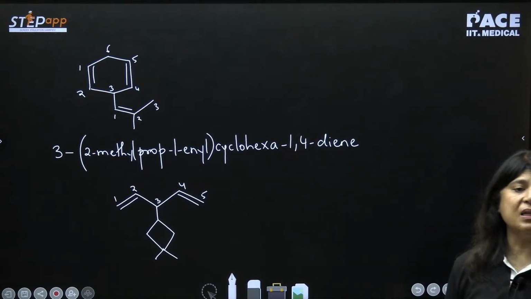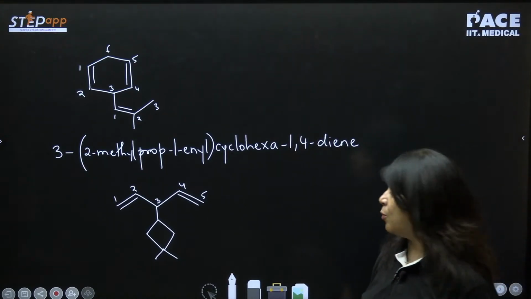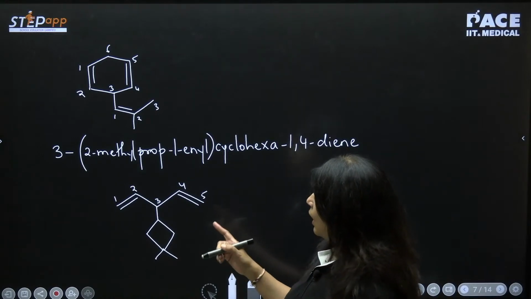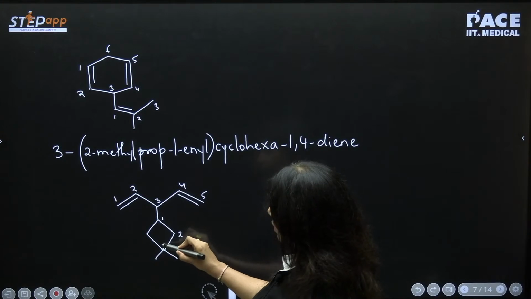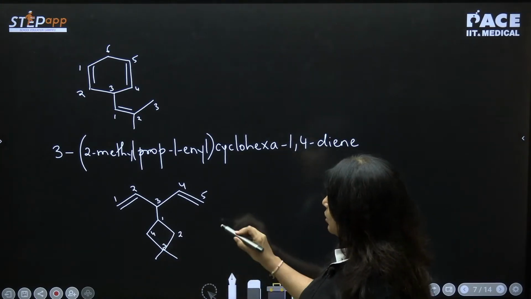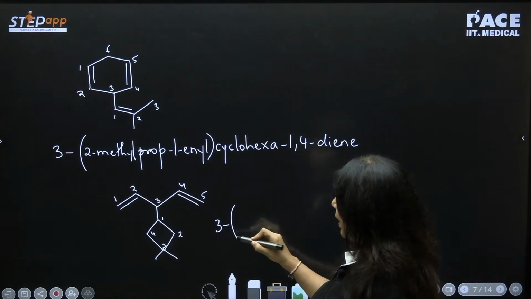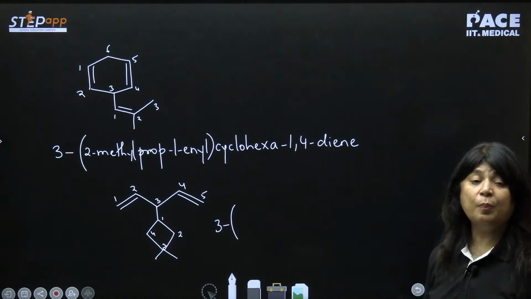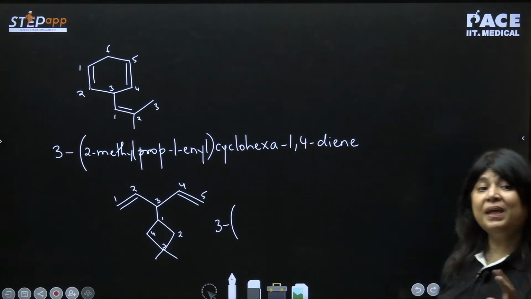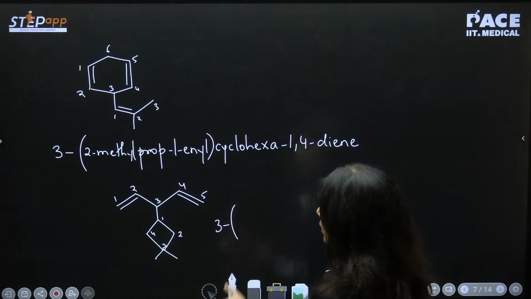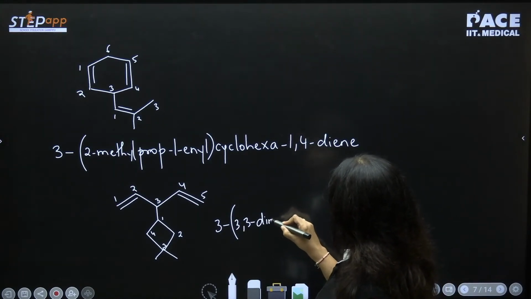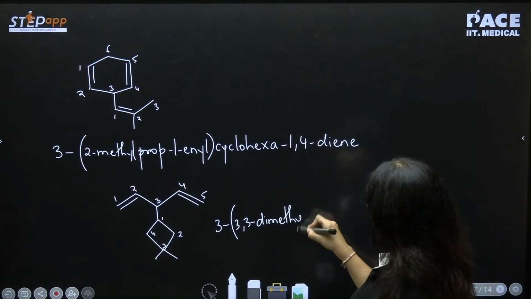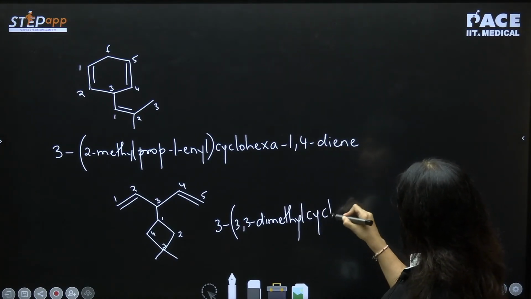Positioning of the double bond as well as of the substituent is the same from either side. Now the substituent, this is the first carbon. The substituent again lies on the third carbon of the parent chain. It's a cyclobutyl group with two methyl groups on its third carbon. So it is 3,3-dimethyl cyclobutyl.